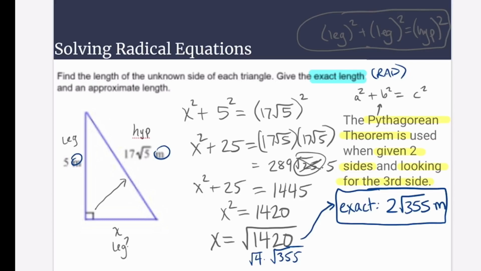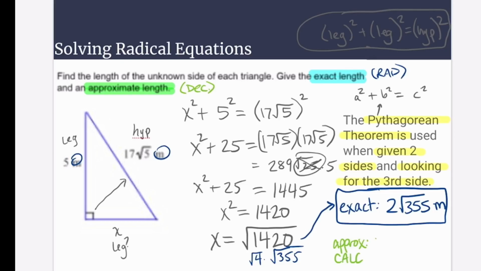The directions are also asking for an approximate length. That is going to be your decimal. So your approximate is going to be you actually using a calculator and figuring out what this decimal is.